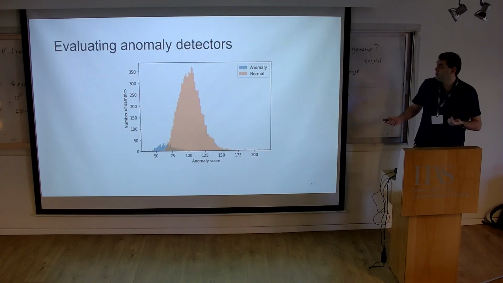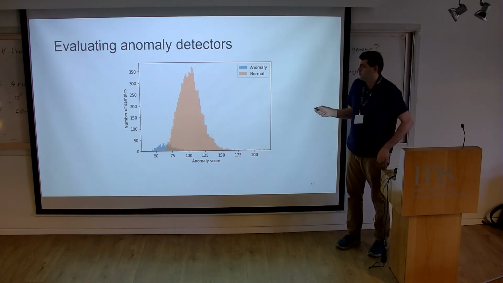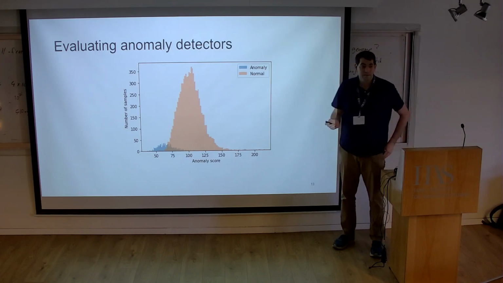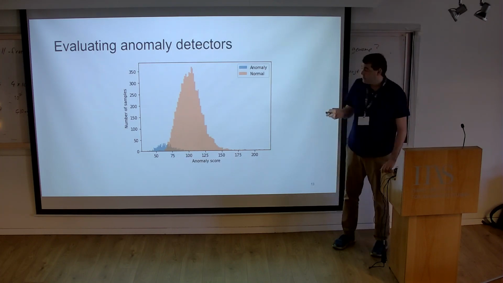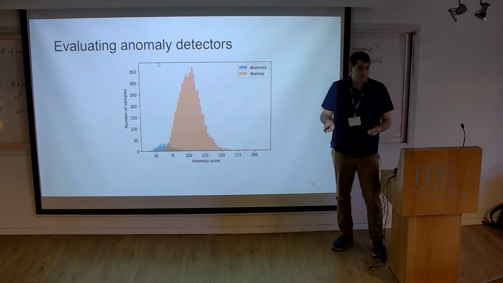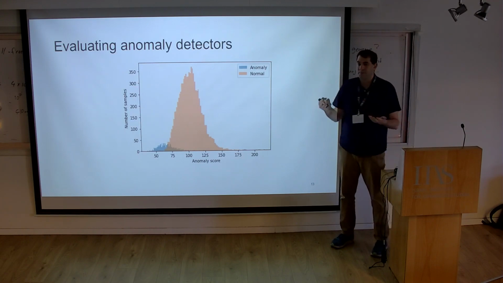And okay, now we want to evaluate our performance. So we have some anomaly scores for the anomaly and some anomaly scores for the normal data. And we want to distinguish between them, but there are two kinds of problems. One is that we need to choose a threshold in order to measure the accuracy. Another problem is maybe in our test set we might have a different balance between the classes.